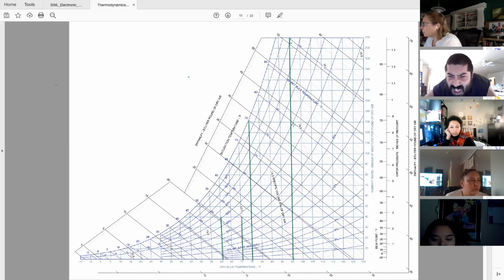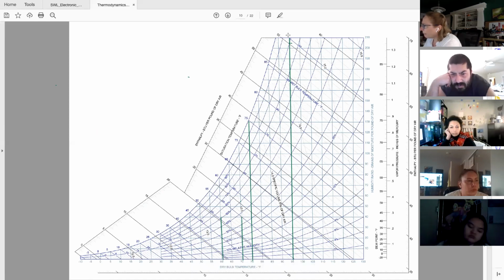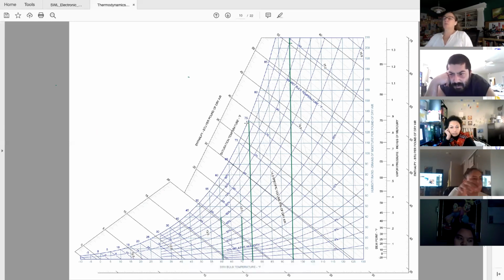And we take out 15, all right, 95, 85, 20 degrees. We're down to 100% humidity because we have taken out 20 degrees of sensible heat without removing any moisture, but now our relative humidity is up to 100%.